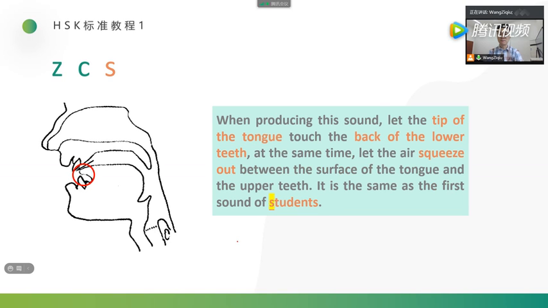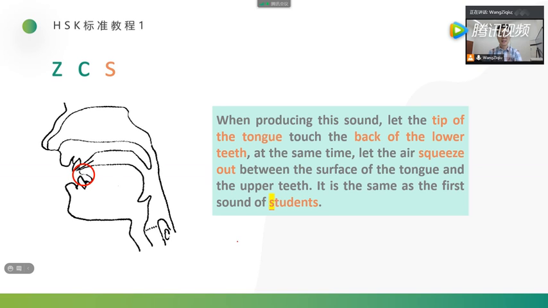And the last one. S. When producing this sound, let the tip of the tongue touch the back of the lower teeth. At the same time, let the air squeeze out between the surface of the tongue and the upper teeth. It is the same as the first sound of students.